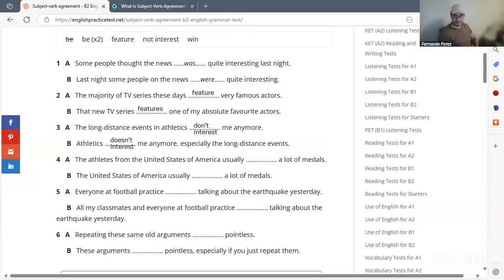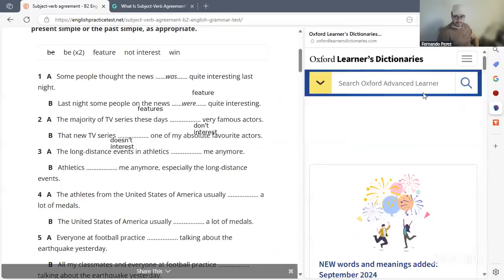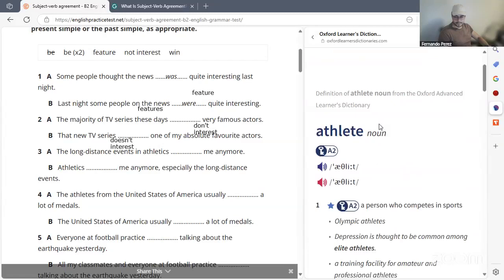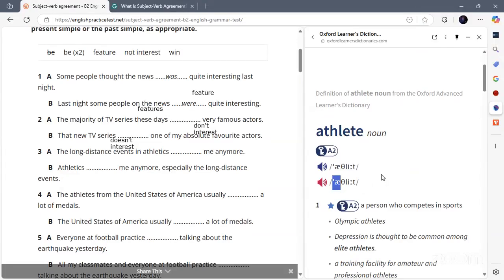Before you give me the answer, pronunciation. The athlete. No, athlete. The stress is in the first syllable. Athlete.